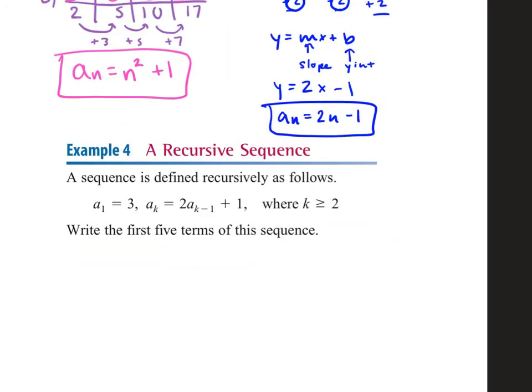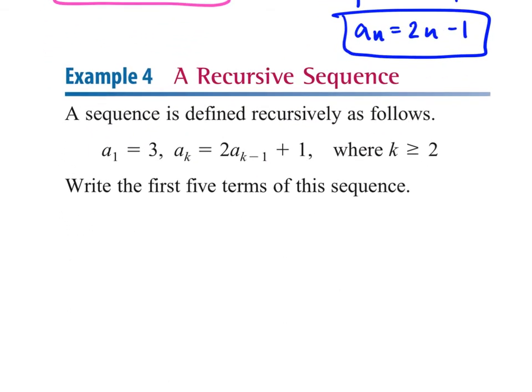All right, next we have a recursive sequence. A recursive sequence requires us to plug in a number for n, but we also have to use the term before. So it'll always give us a term that we plug in to find the next term in the sequence. So we use the previous term to find the next one.